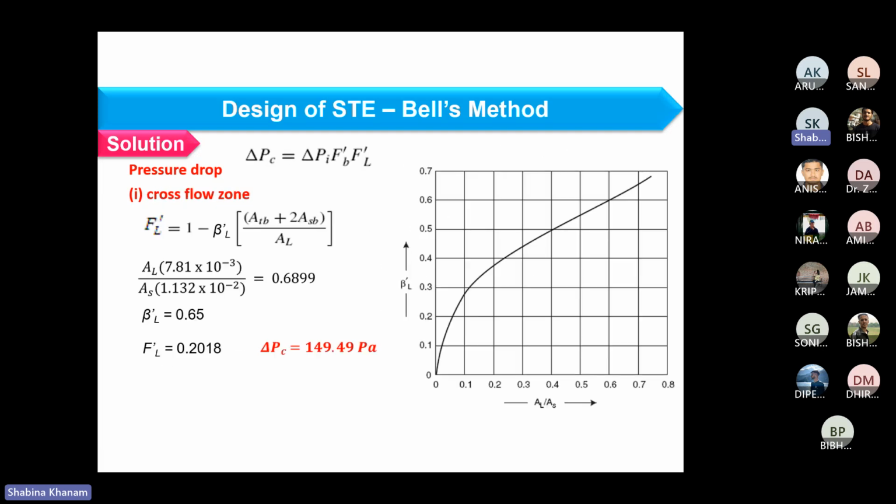Now once I'm having this FL prime, we can find out delta PC by multiplying all these correction factors with delta PI. No complicated calculation is there, it's simple. So delta PC you can obtain as 149.5 Pascal, okay, like that.